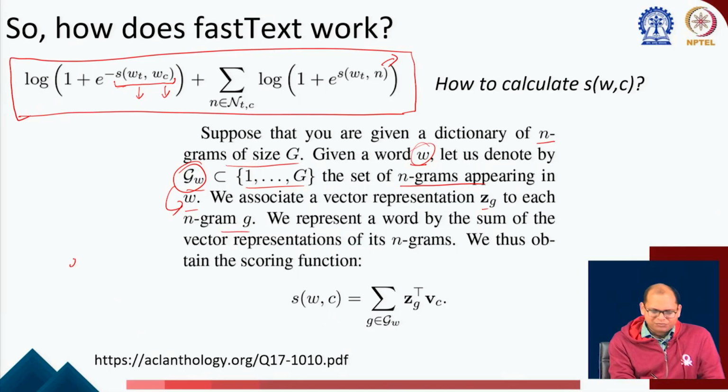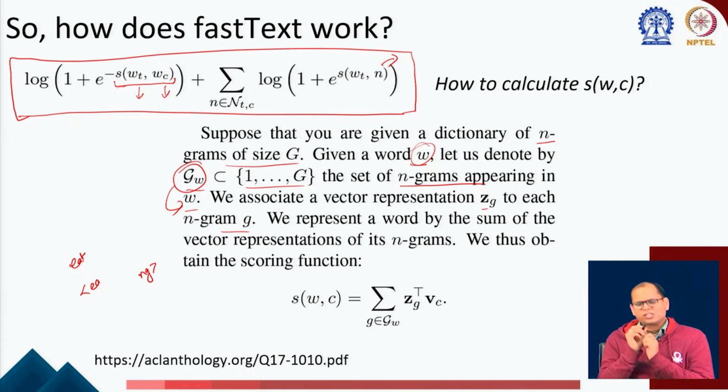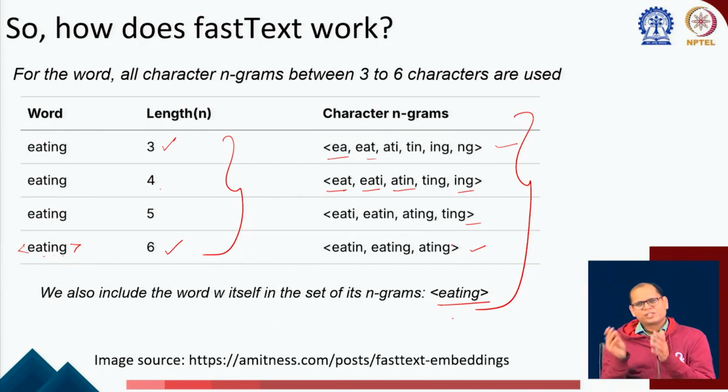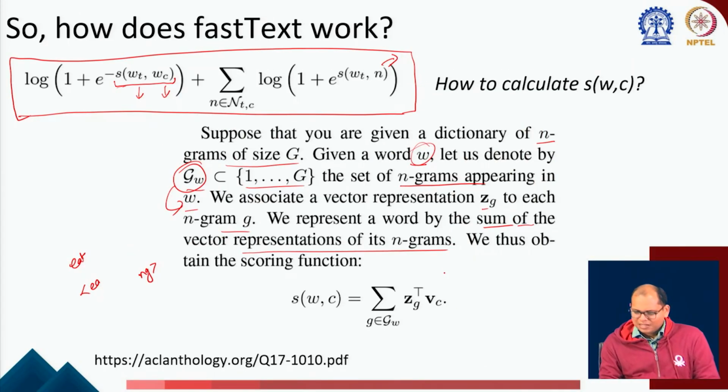I'll have a representation for EAT, for EA, for NG at the end, for each of these. The simple heuristic is to represent the word eating by summing over the vector representations of all its n-grams. I get or initialize the representations for these, add them, and that gives me the representation for the word eating.